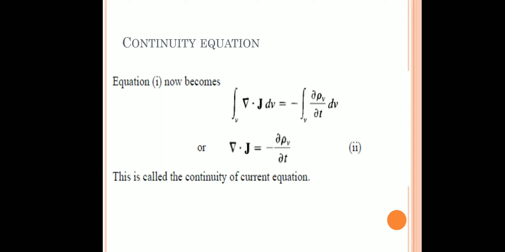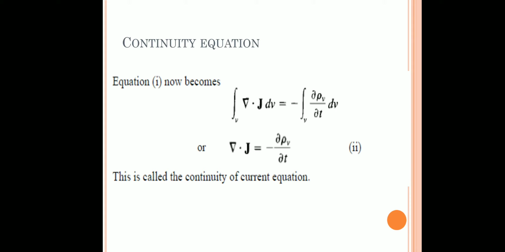This equation 2 is called the continuity equation or continuity of current equation, and this is the mathematical statement of the law of conservation of charge. So what is the law of conservation of charge? Its mathematical representation is the continuity equation, and according to the continuity equation we can represent del dot J equal to minus dou by dou t of rho v.